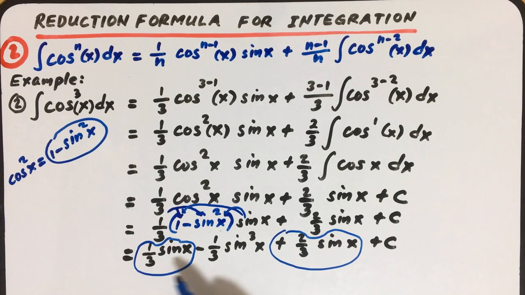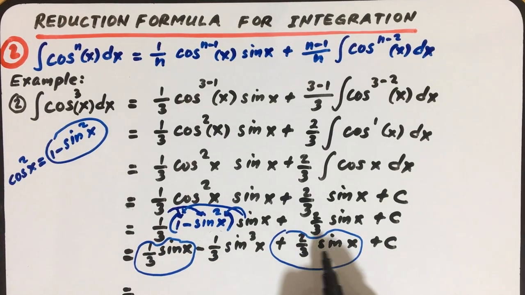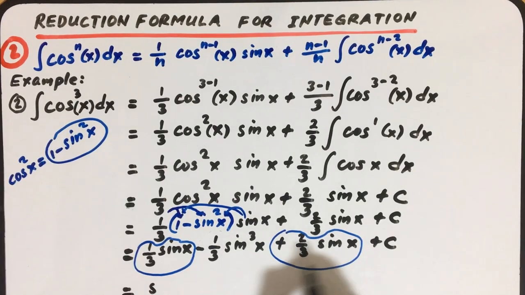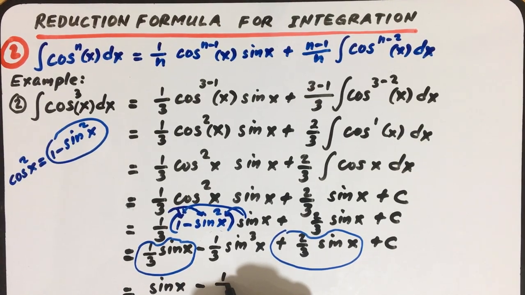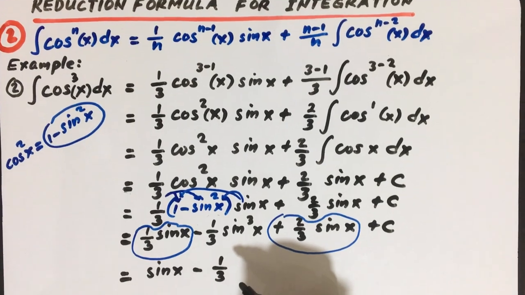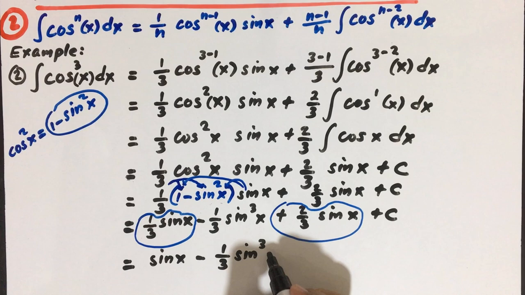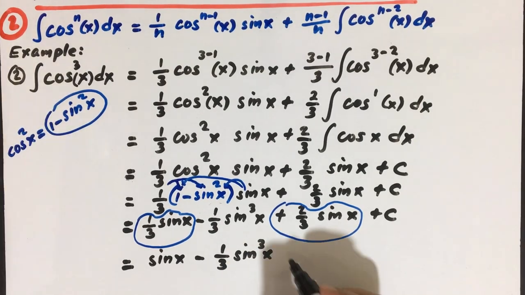So 1/3 plus 2/3 is equal to 1. 1 times sine x is simply sine x, then minus 1/3 sine cube x plus c. Okay, so that's our final answer.